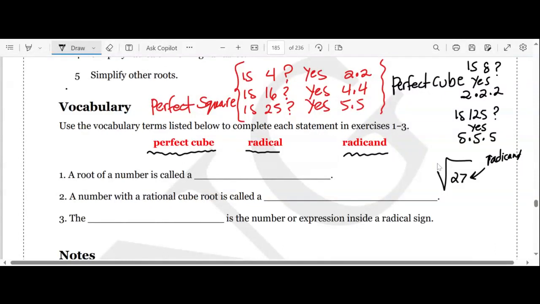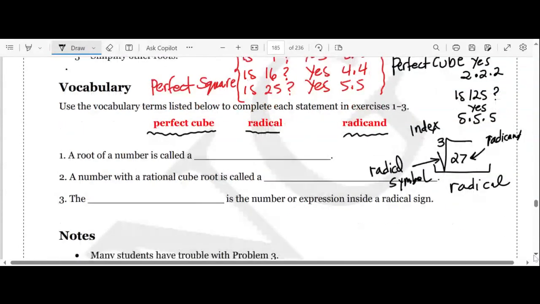And the value here is called what? Index. And this whole thing is called what? Radical. And what is this called? Radical symbol. Just for the people who are not here.